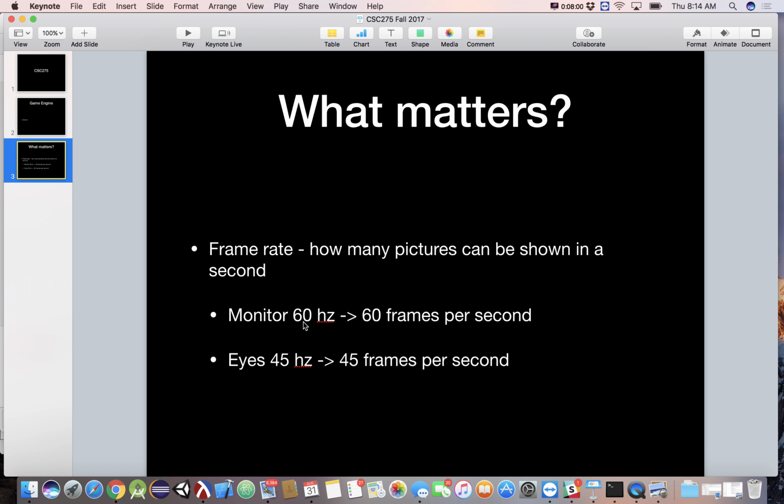Plenty of research shows that if you put somebody who's used to playing games in front of a game, and you run it at 45 frames a second, 60 frames per second, and 100 frames per second, they will be able to detect the difference, just from a smoothness perspective.